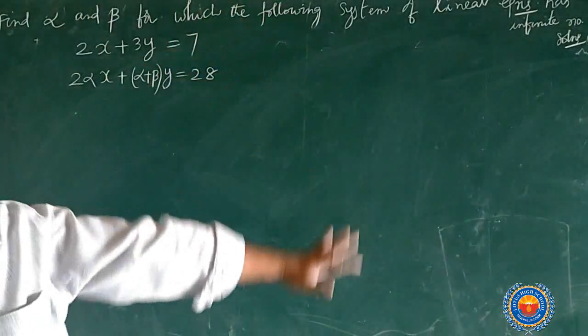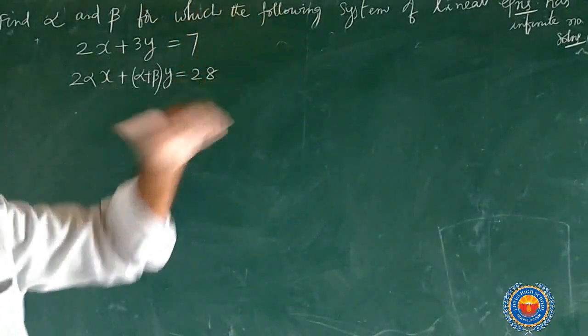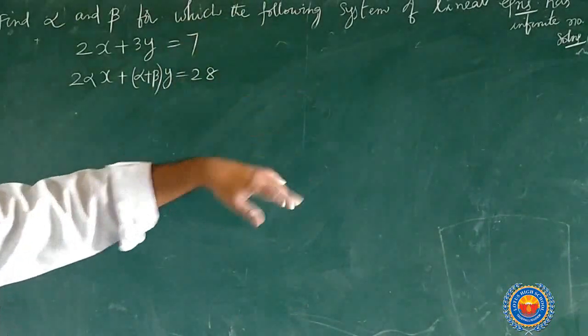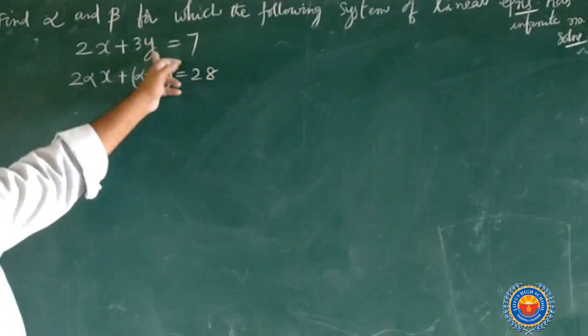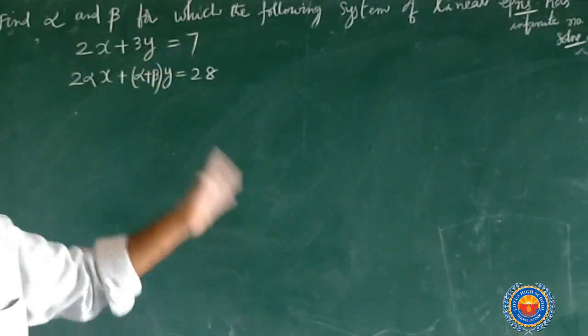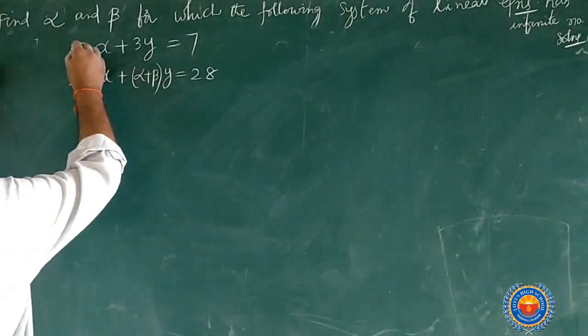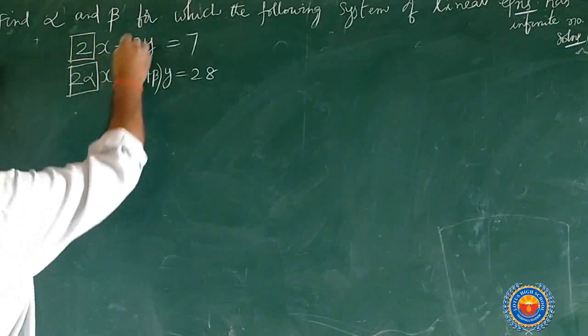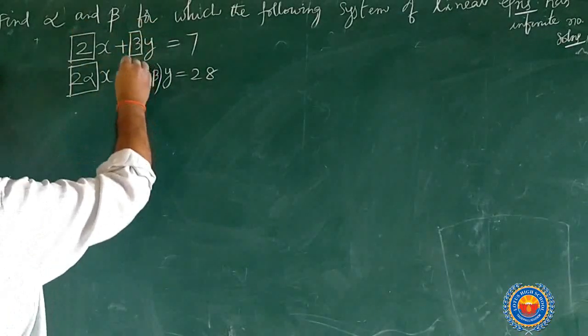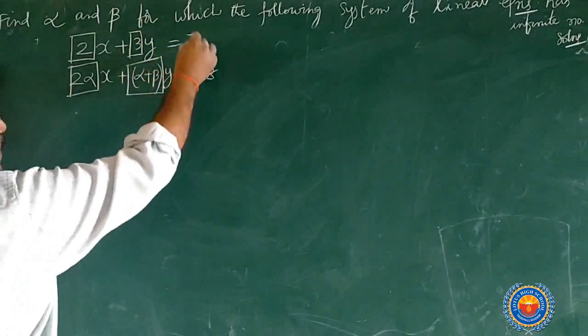Same, infinite number of solutions. The condition is a1 by a2 is equal to b1 by b2 is equal to c1 by c2. Now no need to convert into general form. Why? Because we are getting minus 7, minus 20, they have cancelled. That's why directly this is a1, this is a2, this is b1, this is b2, c1, c2.